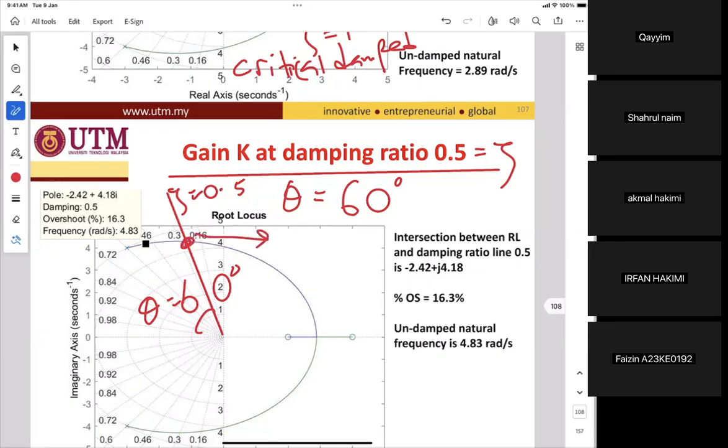What is the value of the dominant pole over there? Irfan Hakimi. Dominant pole.